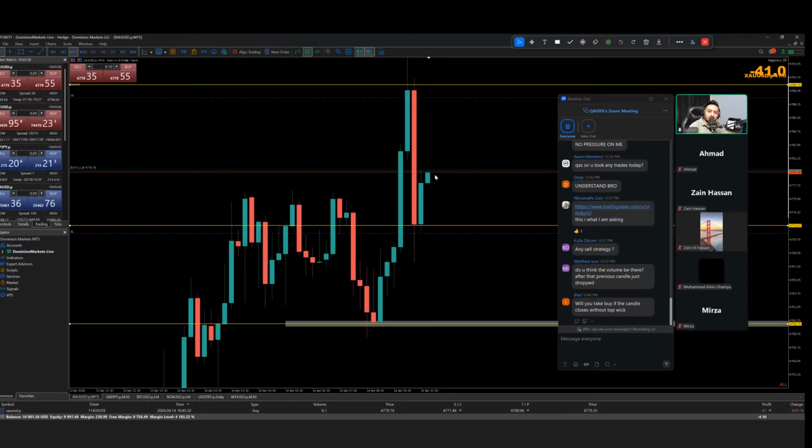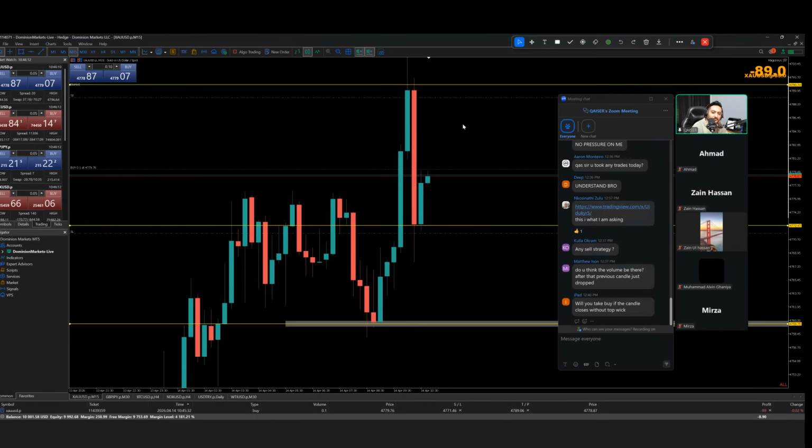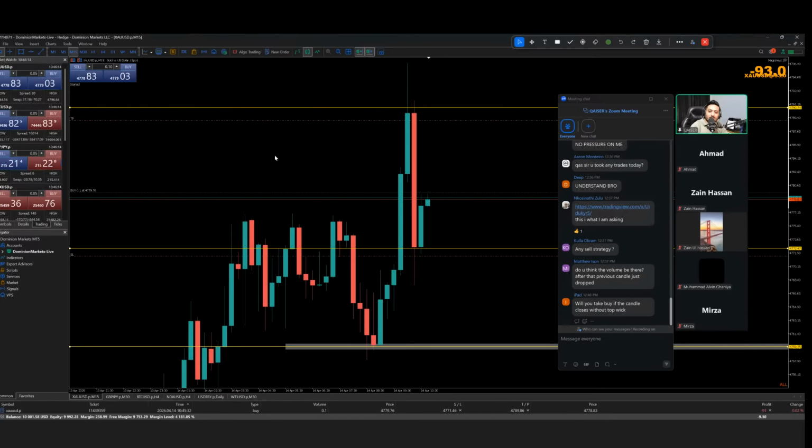You know what? If it comes down, creates a wick and is going to break its own high again, I will put one more entry into it. If it comes down, creates a deeper wick and breaks above this high, I will enter one more entry. Let's see.